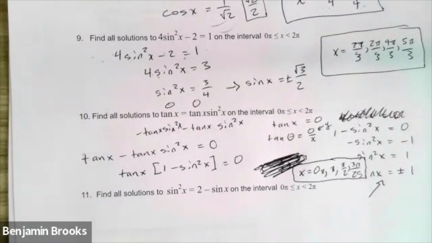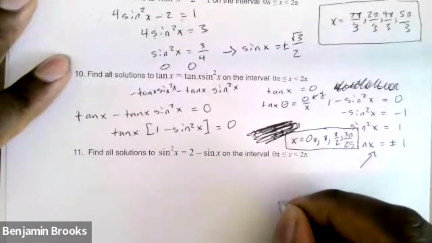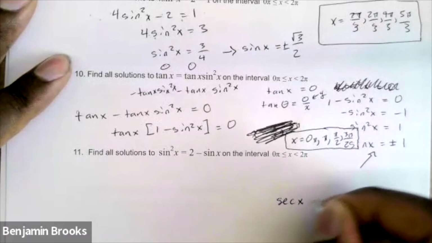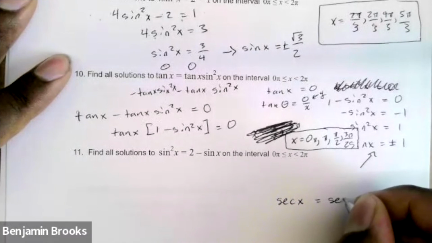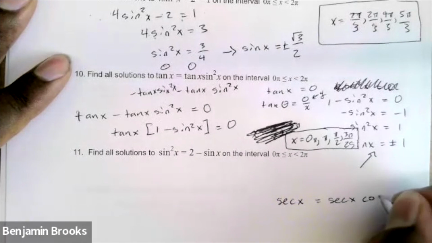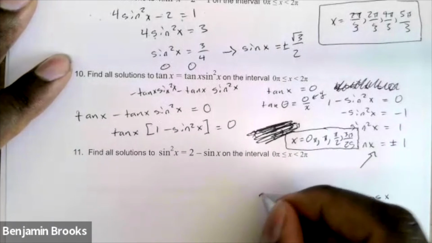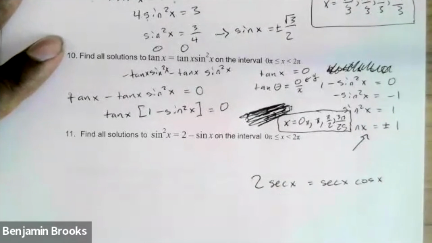And the other reason, because you weren't here, is what we found out last week: if you divide by tangent first, or divide by secant, or divide by sine, by taking away that other value, it could be a situation where it doesn't make any sense. I'll show you what I mean. Let's say you have secant x is equal to secant x cosine x, or something like this, right?